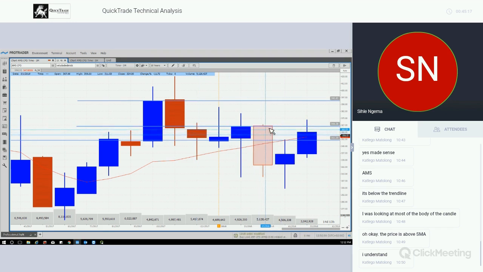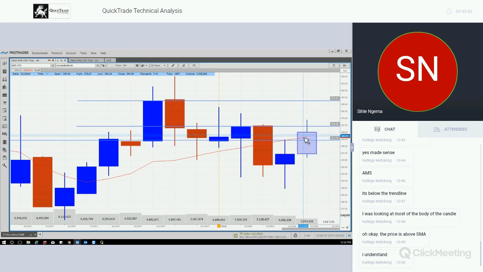So this area is very important where we are on AMS. Actually, it's a range. That range is 350 and 367. Let's just put 350 and 367. You can buy around 350 and get rid of your stock around 367 according to the pattern that I see here.